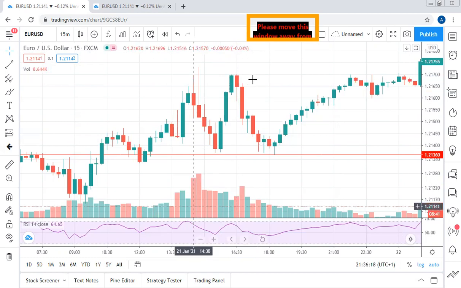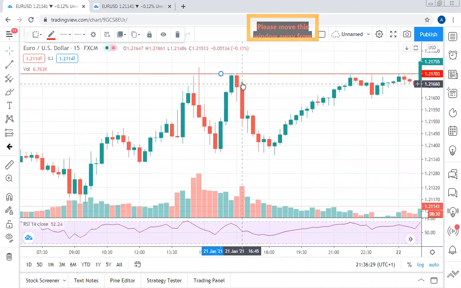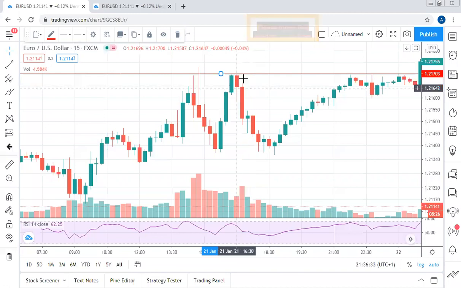You understand? And when it got to the minor supply zone, look at it, an angry man formed. This is an angry man. And the market began to sell.